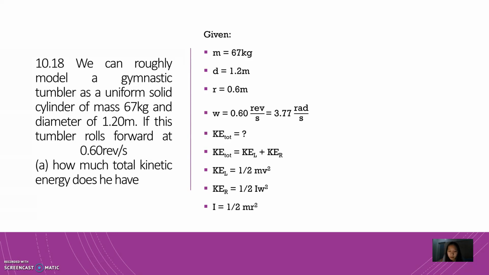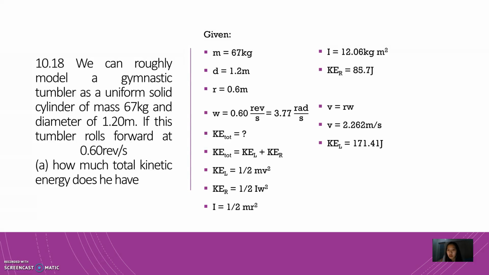Your moment of inertia for a solid disk is equal to 1/2 mr squared. Substitute its values and you'll get its inertia. And you can now solve for its rotational kinetic energy, which is 85.7 joules.